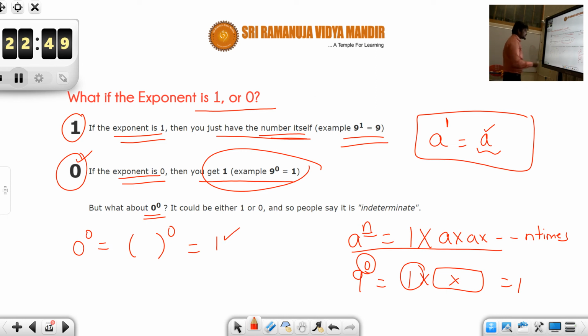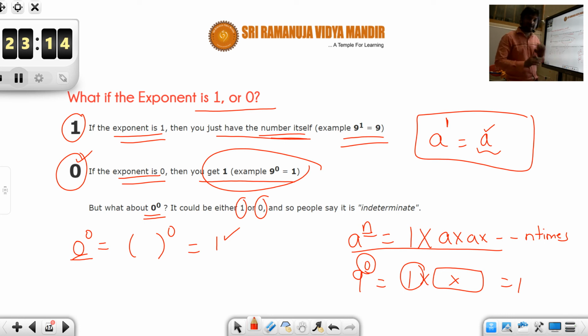But this is 0. 0 means we are trying to multiply with nothing. That is 0 in value. So that is the reason some people treat that as 0, some people treat this as 1. So there is a lot of ambiguity and there are many healthy debates as well. There is no useful conclusion out of the healthy debates.